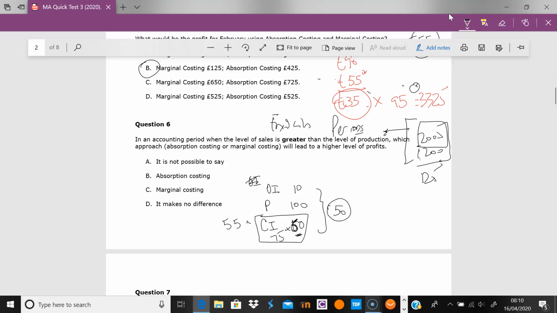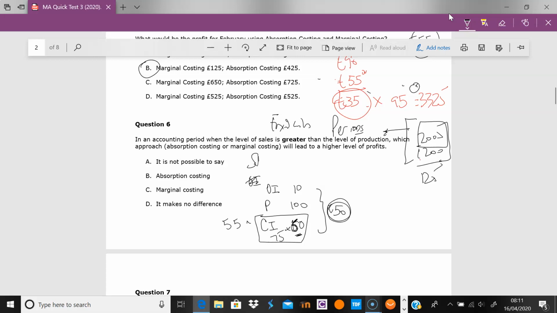The issue here is that it's not running away. It's not going to escape. But for the period where you have lots of closing inventory, absorption costing gives you higher profits because the cost of sales is less.